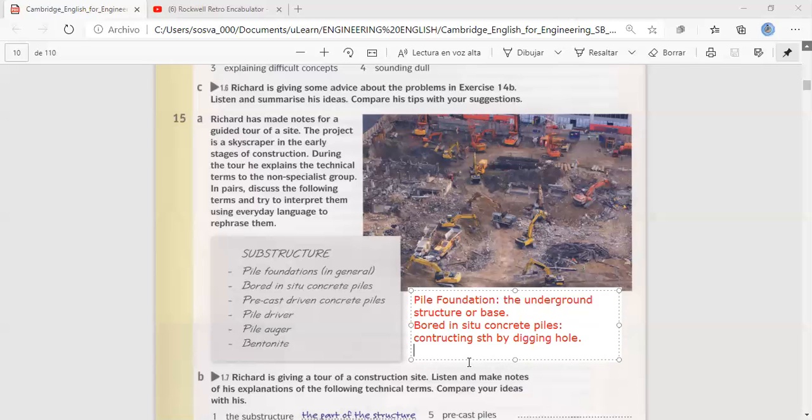Then, after the bored, we have the precast driving concrete piles. Any idea for the precast driving concrete piles?